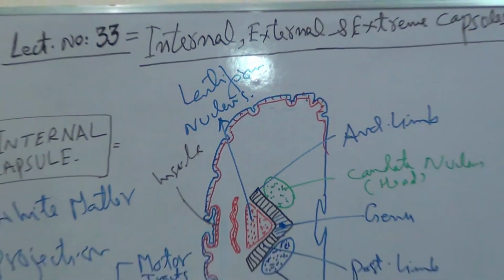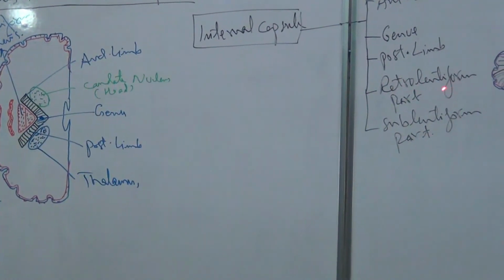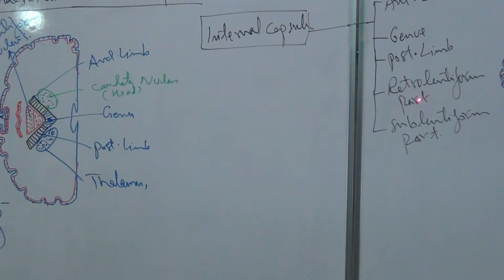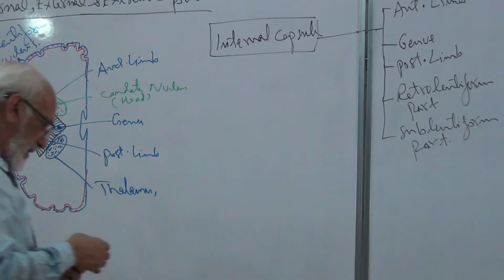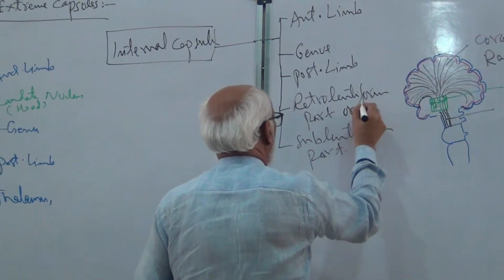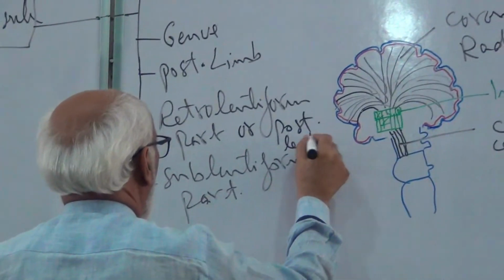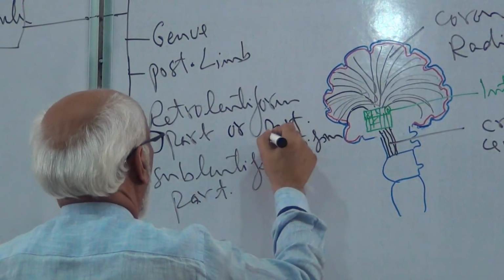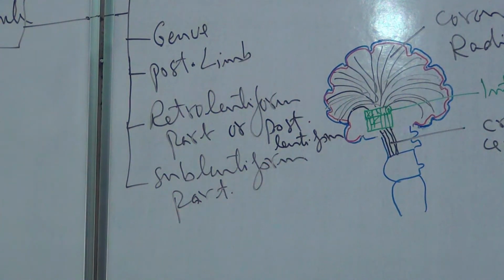The other two parts, as their name indicates: retrolentiform part lies behind the lentiform nucleus, posterior to the lentiform, also called post-lentiform part, and the other part is below the lentiform nucleus and known as the sublentiform part.